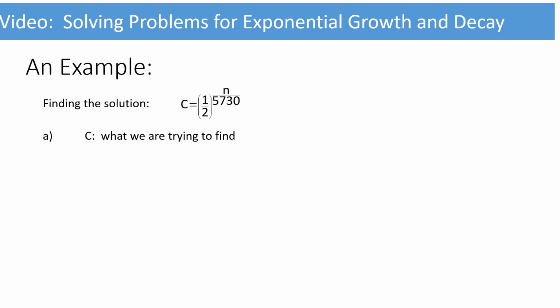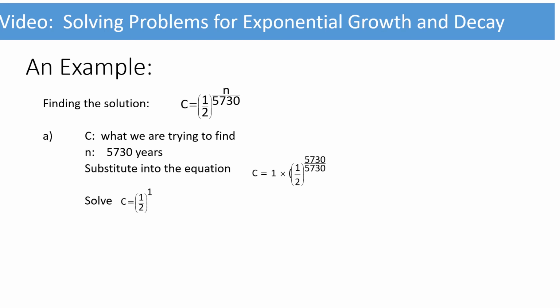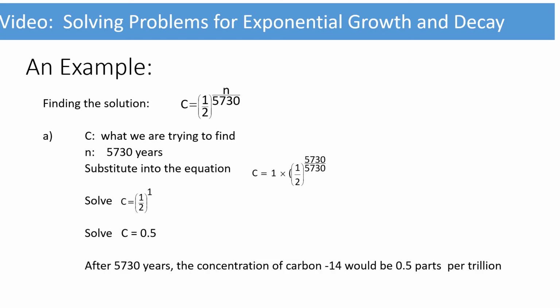So, part A, for C, what are we trying to find? N is 5,730 years. Substitute into the equation, so 1 times 1/2 to the exponent 5,730 divided by 5,730, we solve, and we get 0.5.